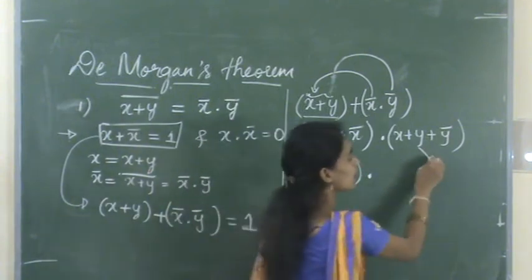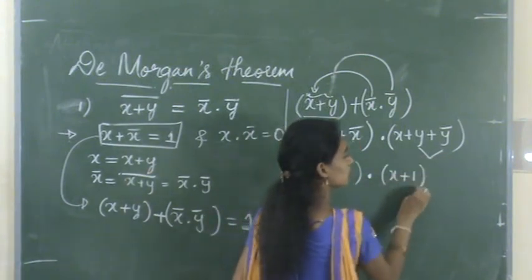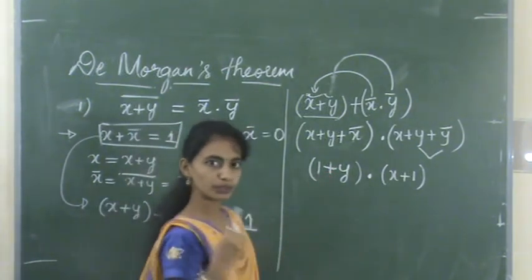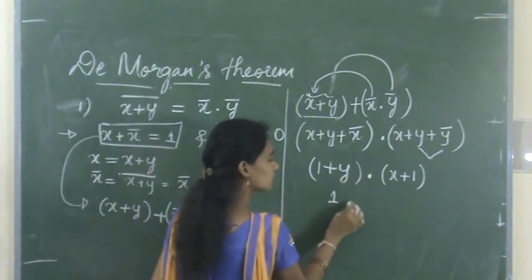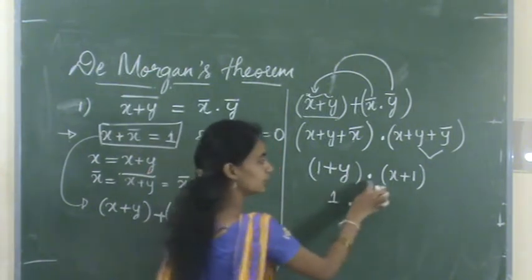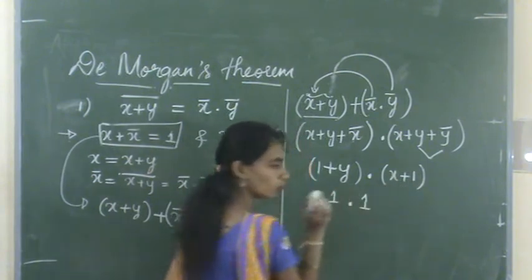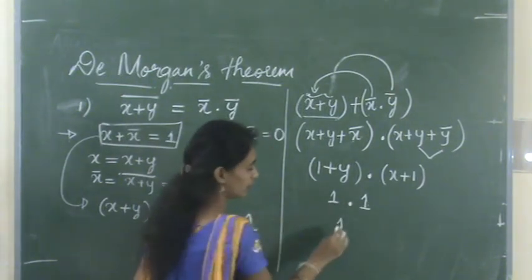Into here also, y plus y bar is 1. So x plus 1. Okay. So we know, according to the property, 1 plus any variable is equal to 1 only. So x plus 1 is also 1 only. So we know that 1 into 1 is 1, right?